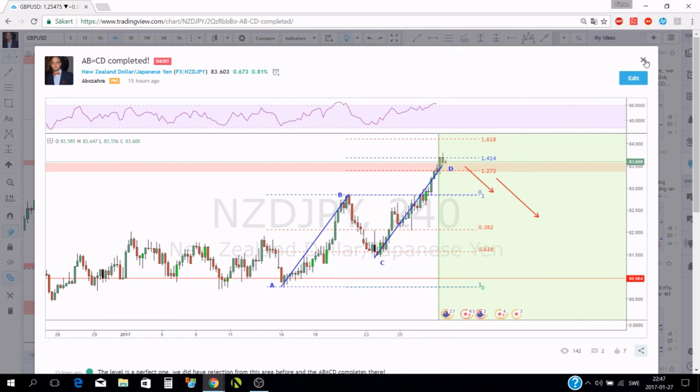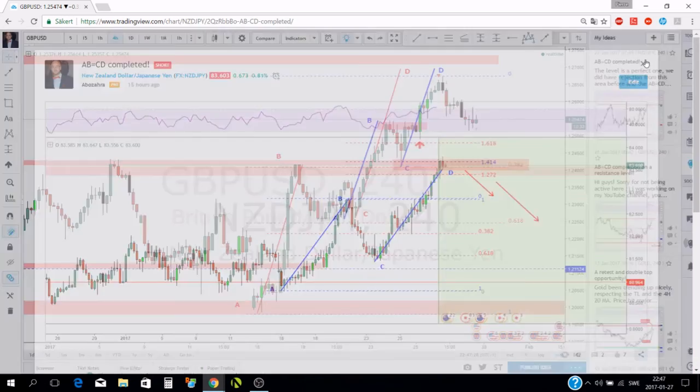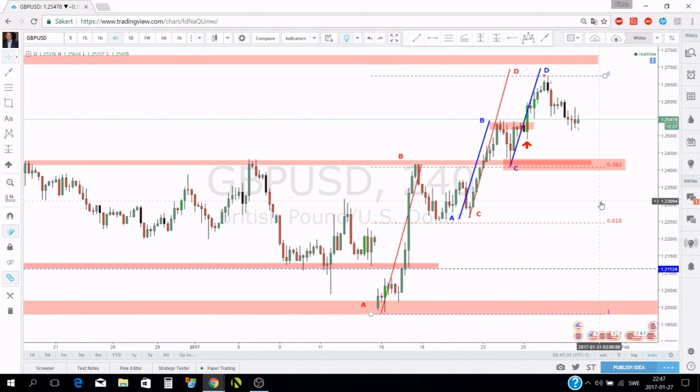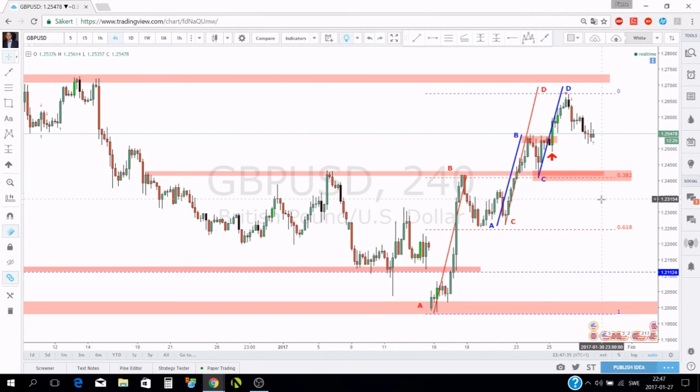I don't usually hold trades over the weekend, but this one I think I'm going to hold. It's not a huge position, so I'm going to hold this one until the weekend, and whether it goes or not, I may do another video and show it to you.